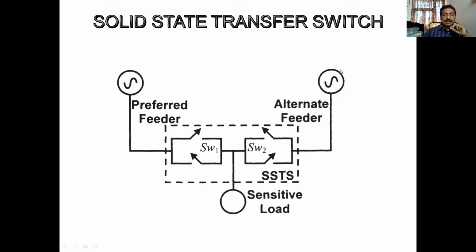The power is transferred from the preferred feeder to the alternate feeder, which now provides supply to the sensitive load. So if any problem arises, within a few cycles we can transfer the load and control the variation in voltage magnitude and duration.